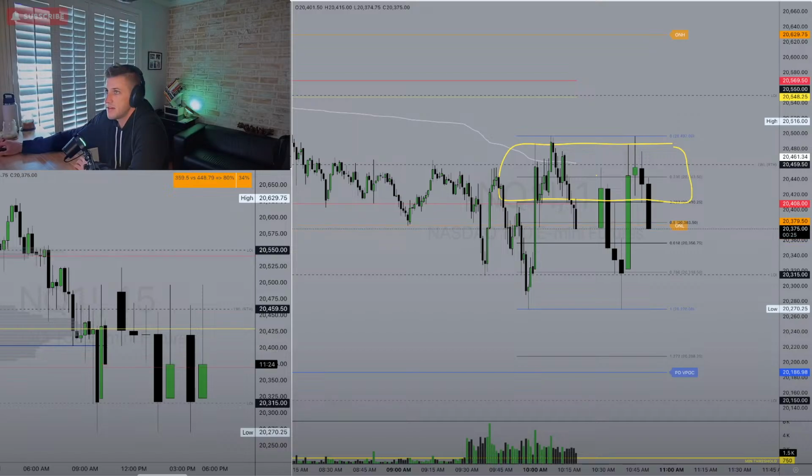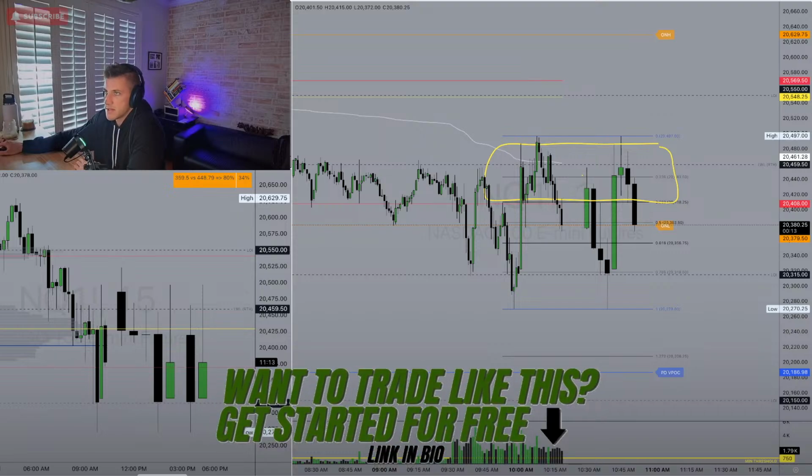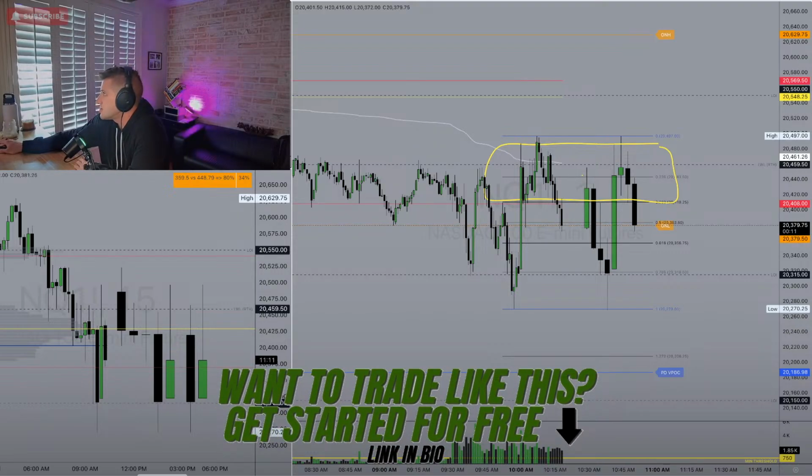So 315 by 460, give or take a few points, remains the range at play here. Coming into that overnight low, which would be the midpoint of the current intraday structure.